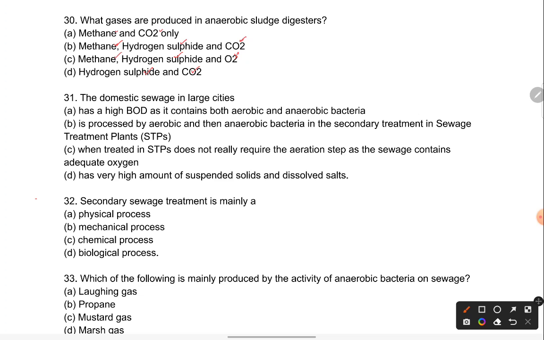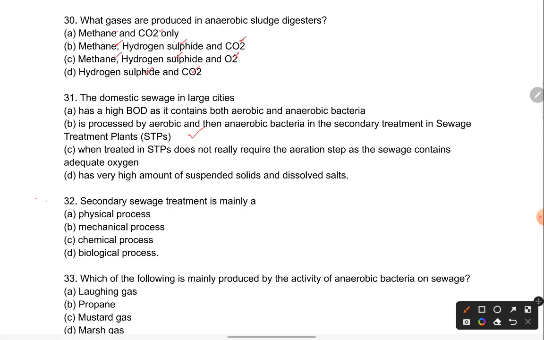C, when treated, the sewage treatment plant does not really require the aeration step as the sewage contains adequate oxygen. D, has very high amount of suspended solids and dissolved solids. The more correct answer is which one? The domestic sewage in large cities is processed by aerobic and then anaerobic bacteria in the secondary treatment in sewage treatment plants. That is the more correct answer.